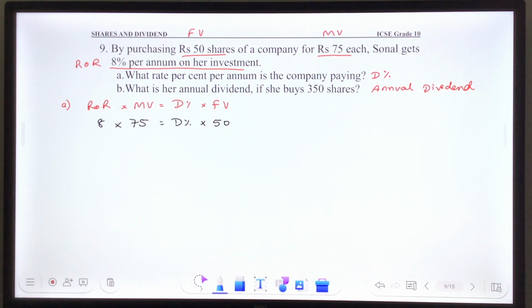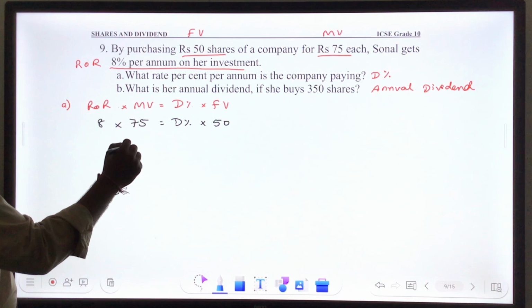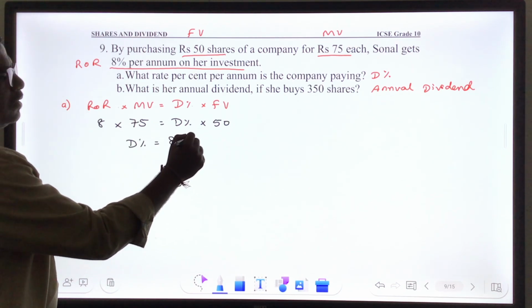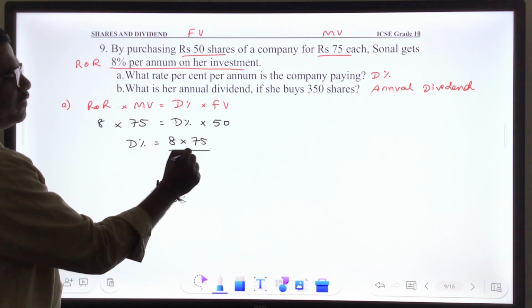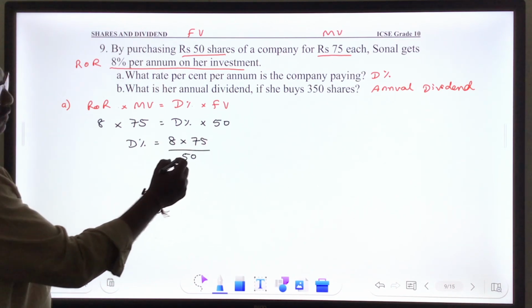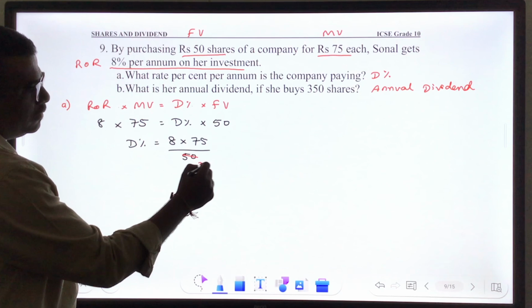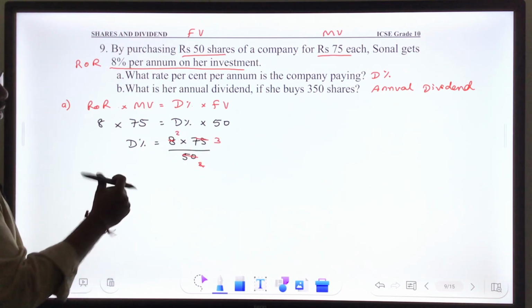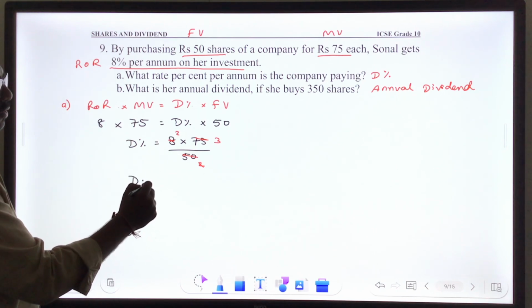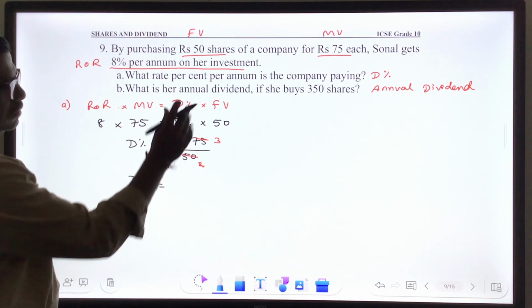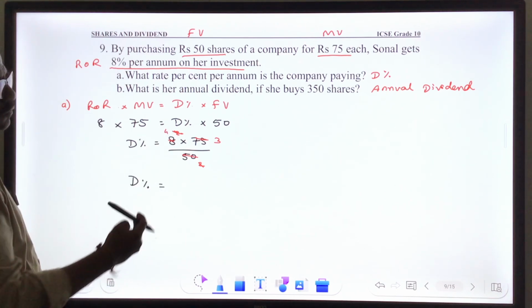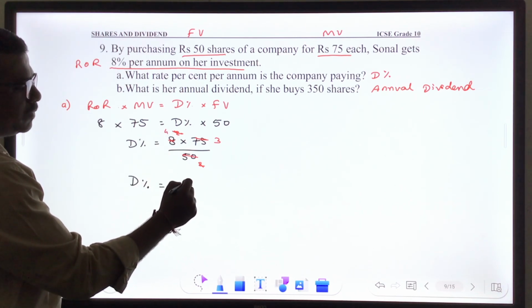So from this we can calculate the rate of dividend. So rate of dividend equals 8 into 75 divided by 50. On cancelling with 25 and then by 2, we get the rate of dividend as 4 into 3, 12%.